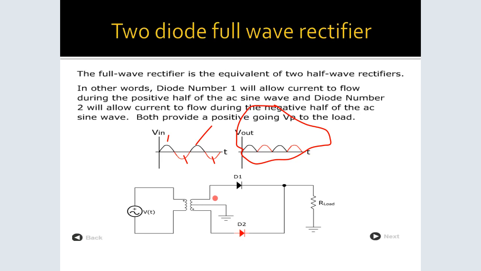See, our transformer here is center tapped, dividing the incoming voltage into two. This is just earthing, taking excess voltage or electrons to the ground. This is the AC source.